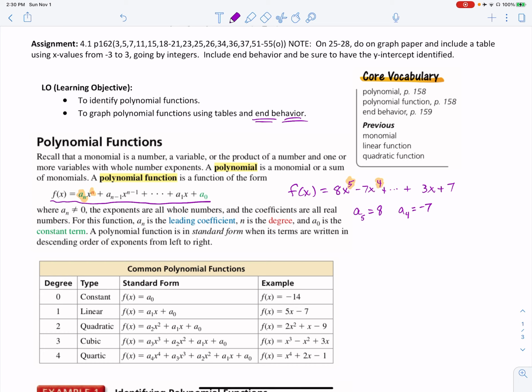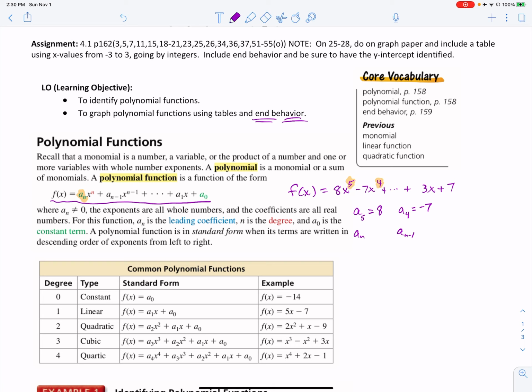So the subscript on the a, that a sub n minus 1, that just means that we are decreasing that power by 1 and that those are matching. So we're descending. And so it's just kind of a cool way.